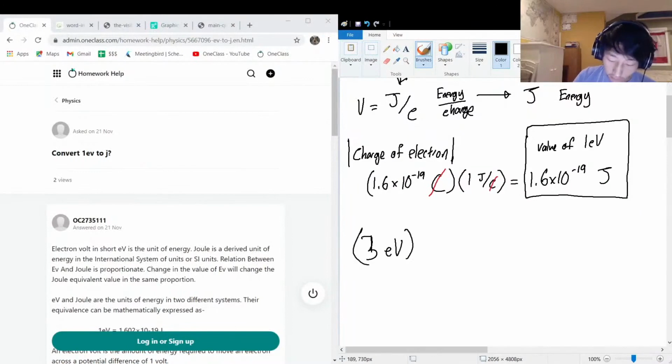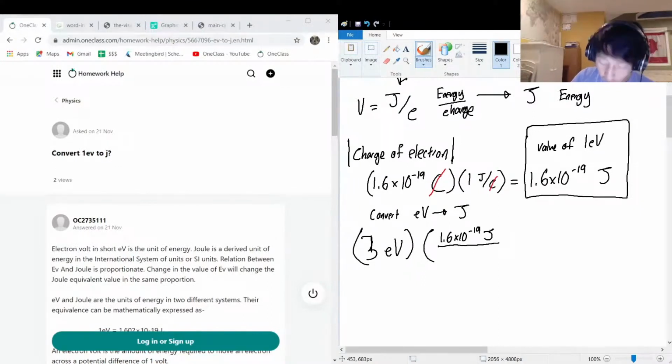If we want to convert EV to joules, we know there are 1.6 times 10 to the negative 19 joules in 1 electron volt. So you multiply it like this, 1.6 times 10 to the negative 19 joules, and we know that that's how many joules are in 1 electron volt.